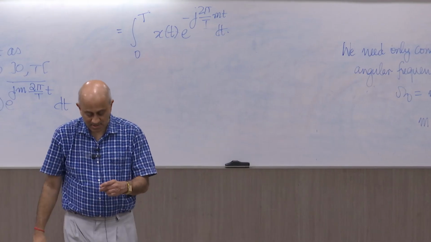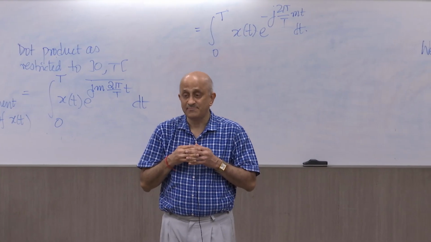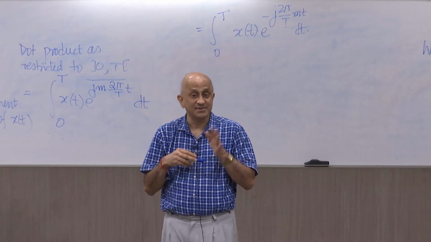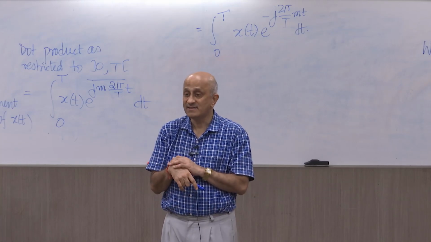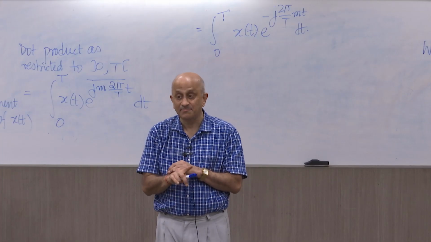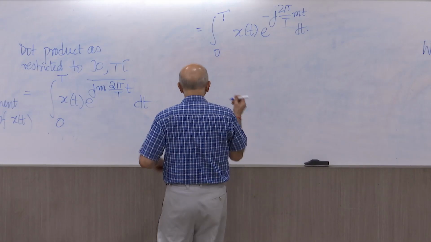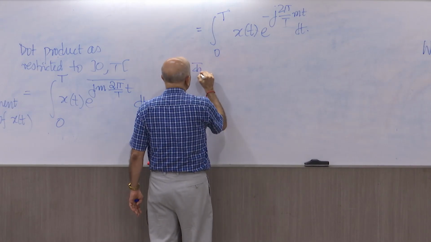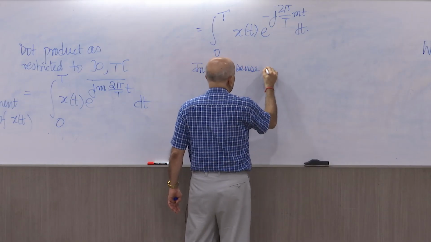Now, let us investigate one very interesting property of this restricted class of phasors that we have. Here the phasors are all at angular frequencies which are multiples of 2 pi by t. Is that right? So let's take a dot product between two of them in this sense of the dot product.